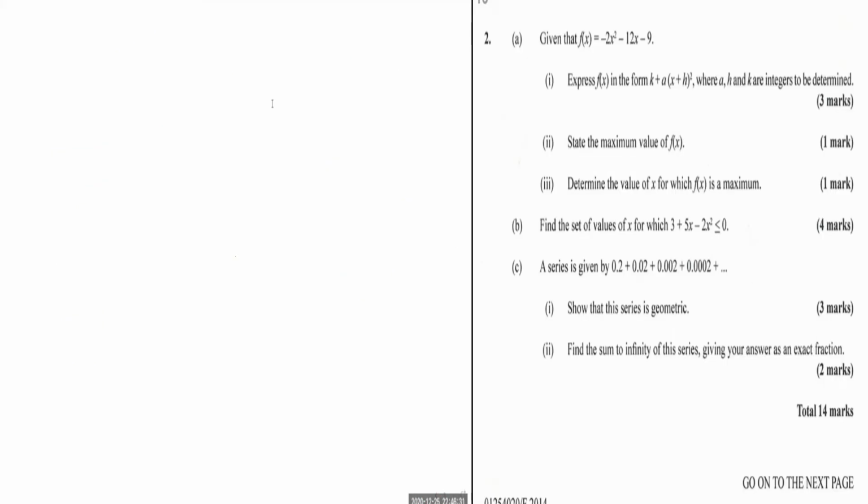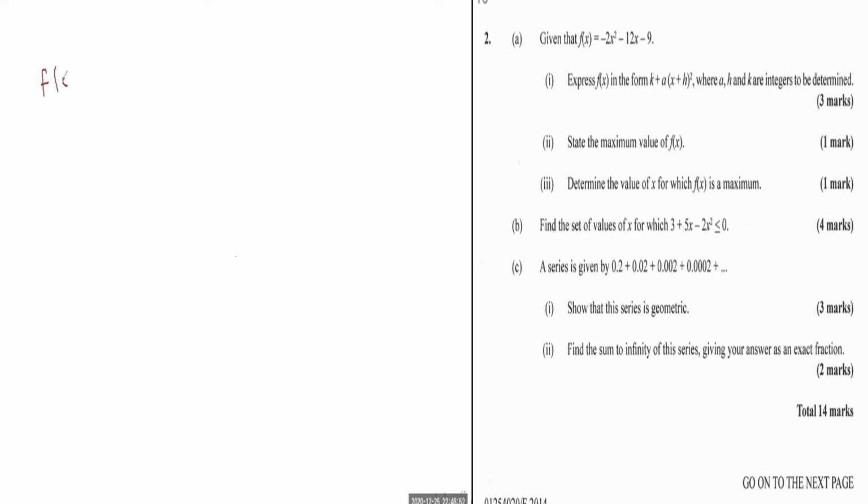Question 2. Question 2 says, given that f of x is minus 2x squared minus 12x minus 9, express in vertex form. So let's write down what they give for f of x.